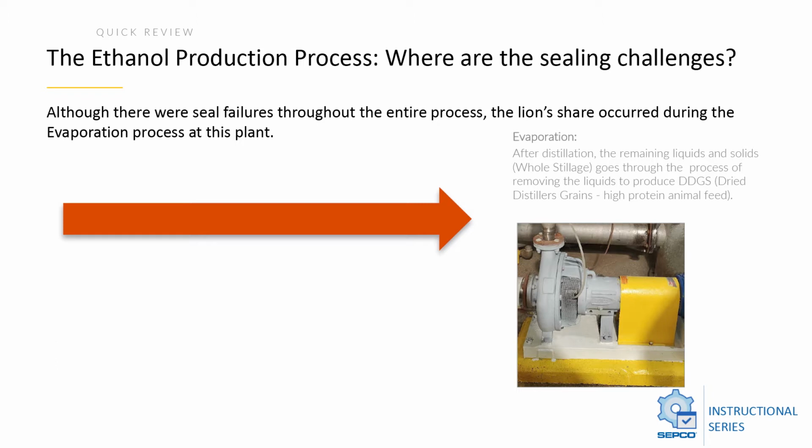The ethanol process and where the sealing challenges are. Although there are seal failures throughout the entire process of making ethanol, the lion's share occurred at this plant during the evaporation process. After distillation, the solids and liquids left over from the ethanol being removed, called whole stillage, go through a process of removing those liquids to get back to the solids, which are DDGs, dry distiller grains, a high protein animal feed.